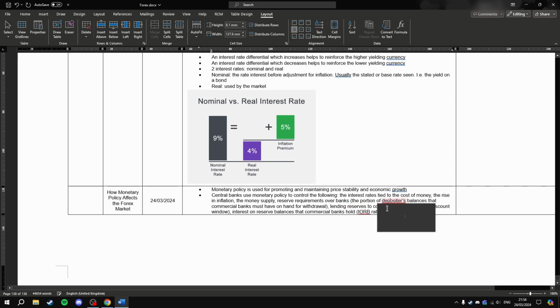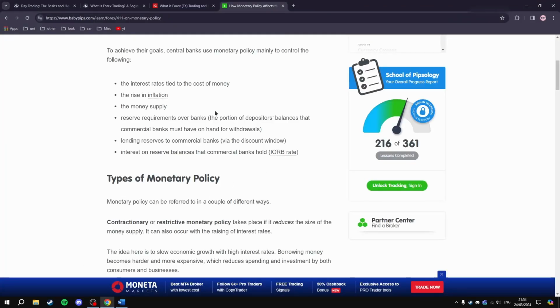Right, there's a lot of terms in here that I do not know the meaning of. So, interest rates tied to the cost of money. Okay, that's straightforward. Rise in inflation. Yep. The money supply. So how much money is out there? Reserve requirements over banks: the portion of depositors' balances that commercial banks must have on hand for withdrawals.